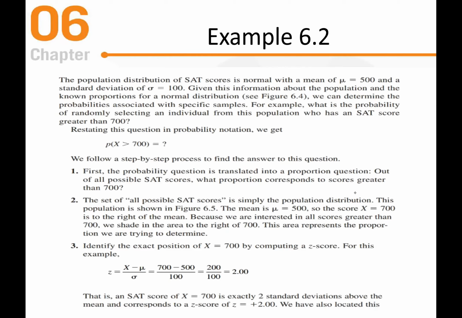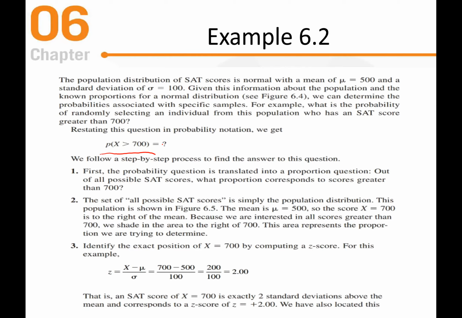For example, what is the probability of randomly selecting an individual from the population who has an SAT score greater than 700? That would be the probability of getting a score that is greater than 700.